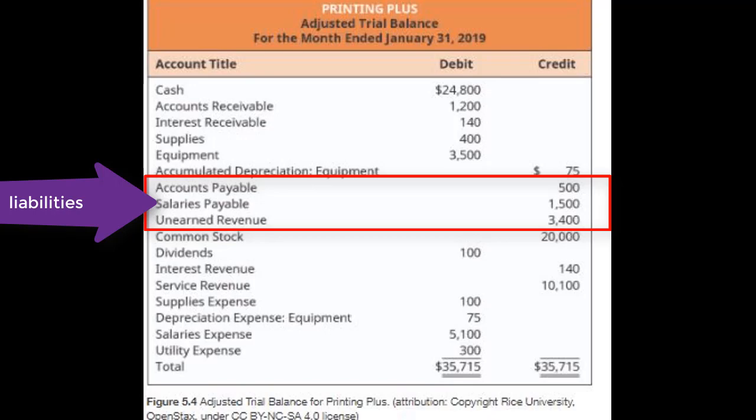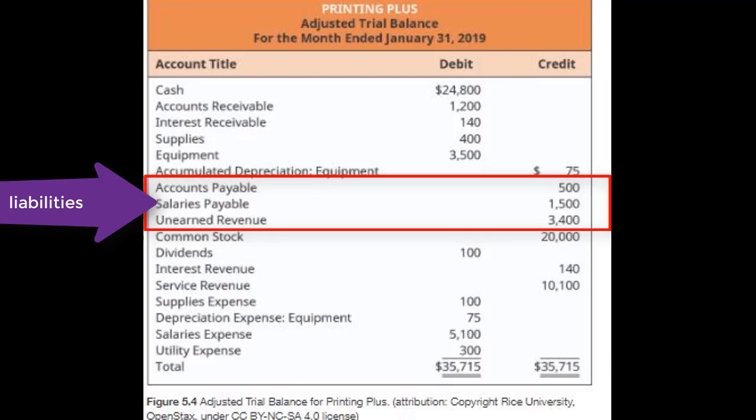Please keep in mind that the whole idea behind unearned revenue being a liability involves the fact that if someone pays you money, and if you have not done any work to earn it yet, you might have to pay it back if you don't actually do the work.